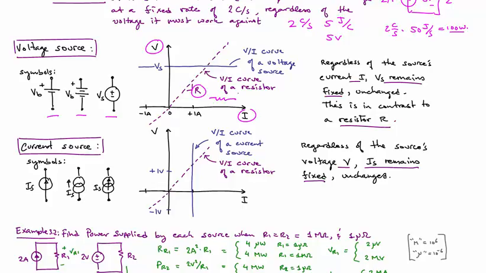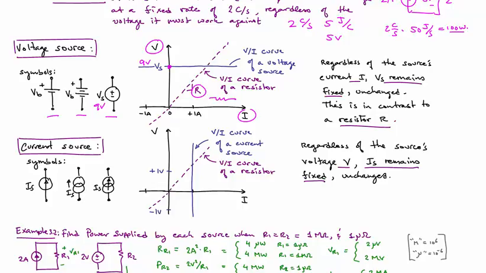But here we're talking about a voltage source. What does the VI relationship look like for a voltage source? Well, by definition, a voltage source puts out a voltage. So if we have a voltage source VS, and let's say VS is 9 volts, then a voltage source will have a voltage of 9 volts regardless of how much current you demand of it.